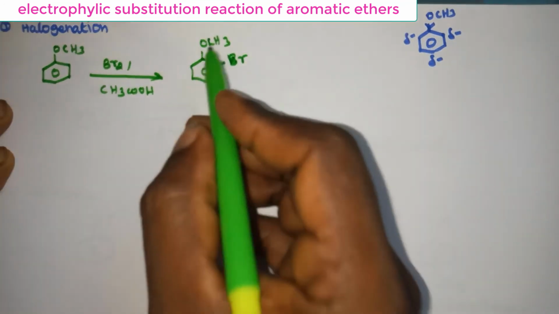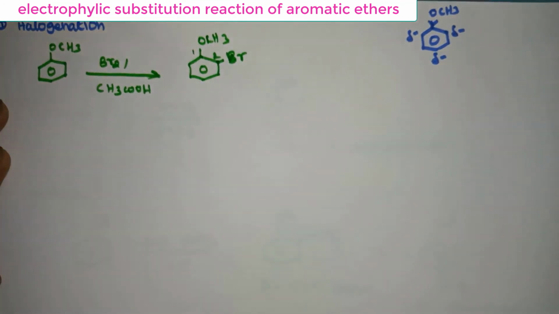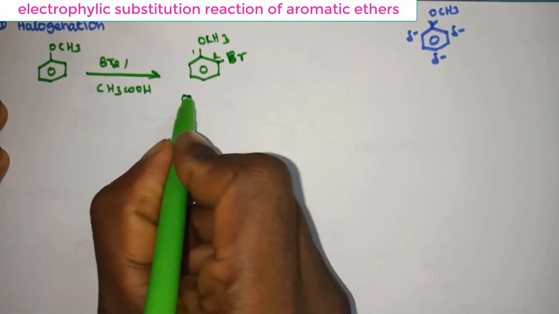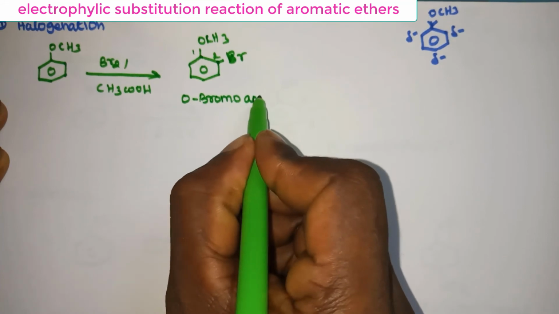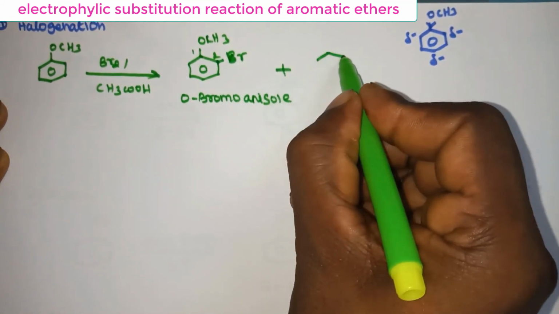This is orthobromoanisole, 1, 2. That means the 1st and 2nd position is called the ortho position. So the name of this compound is orthobromoanisole and parabromoanisole. 2 isomers are formed.